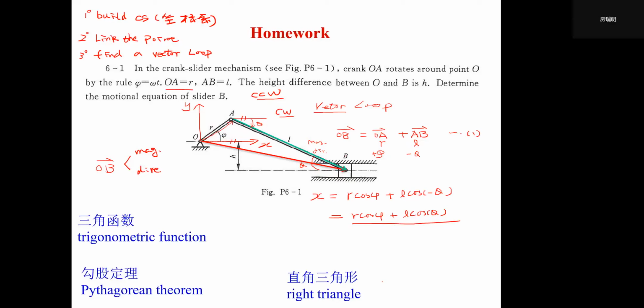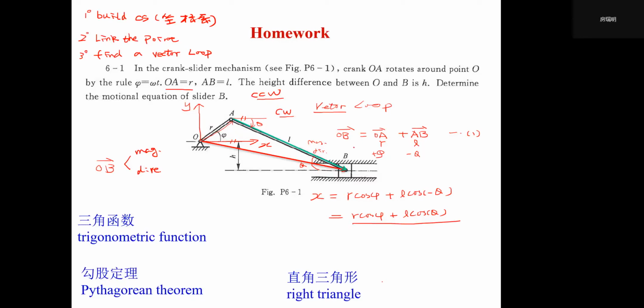So we can just project this vector equation onto the x-axis. It's very easy, you can follow me. We go from the left side to the right side. When OB is projected onto x, we get x, which is actually the coordinate of this point B, so we just write x or x(t).